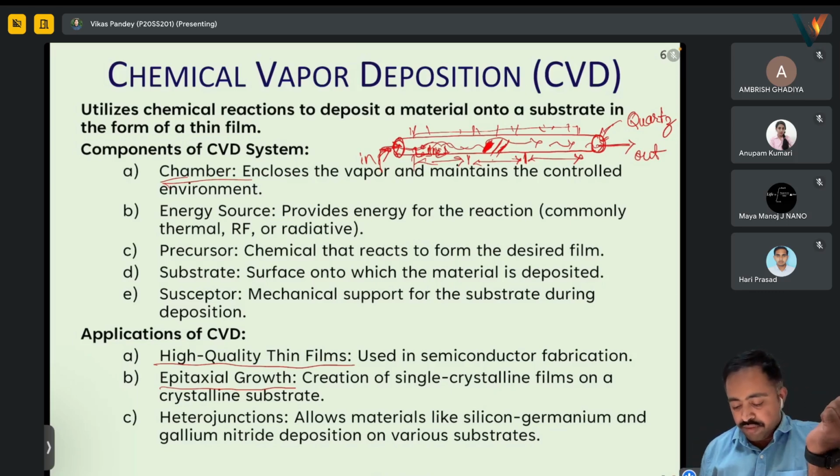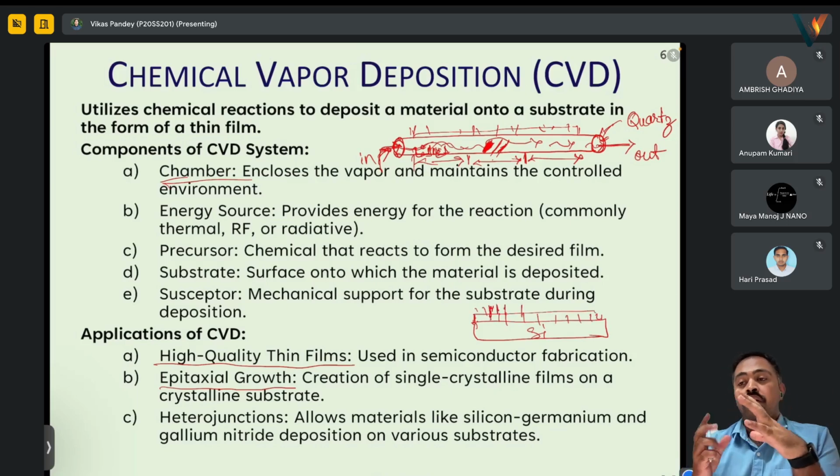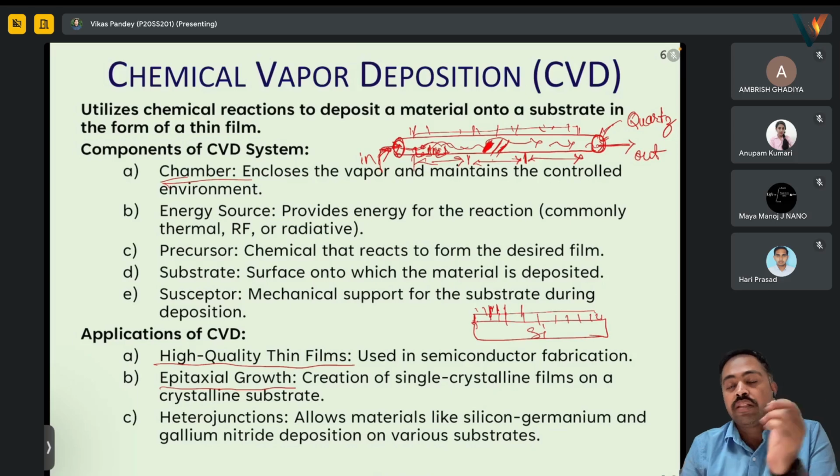So if we have a silicon wafer and then over it we are depositing some material, we want it to have an aligned crystal with silicon. Then over it, suppose that we want to deposit something else, again we will try to align. So a single crystal deposition, and that also matching the crystallinity with the substrate below. That is epitaxial growth, a very important application.